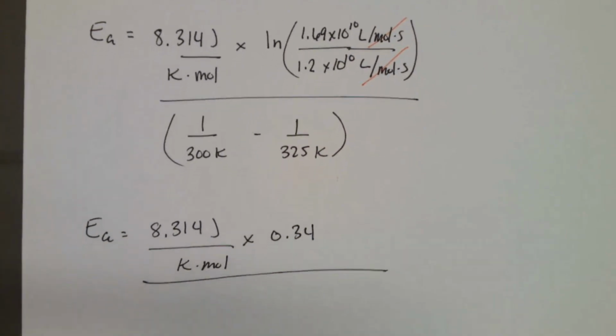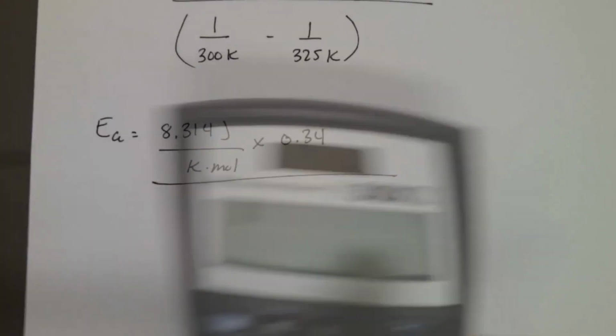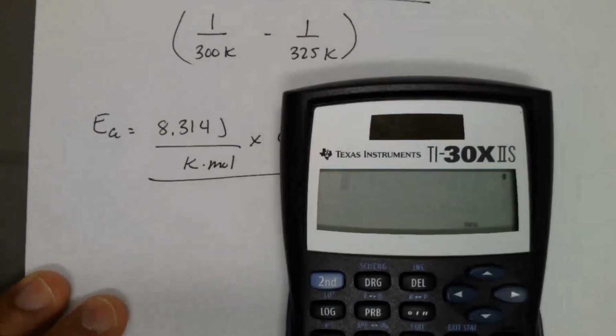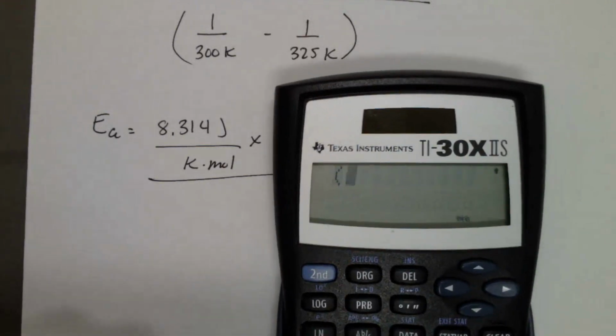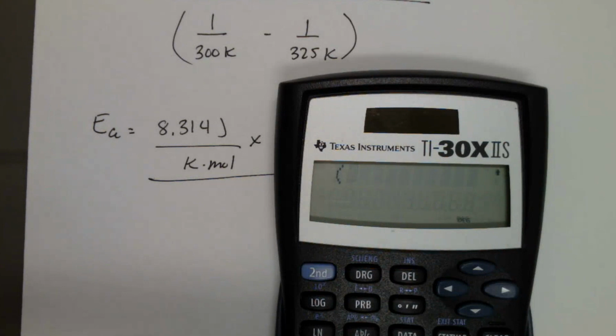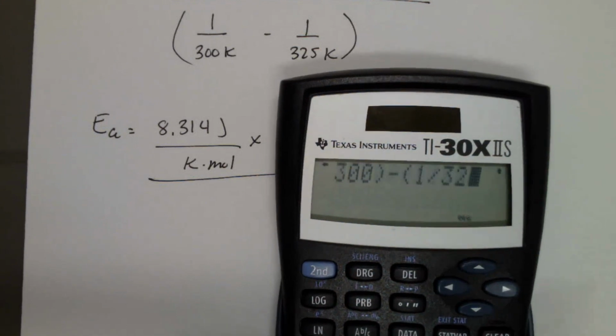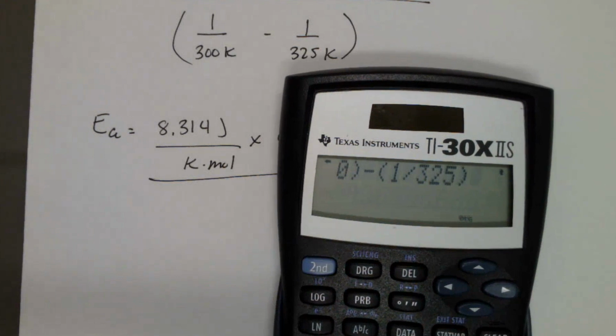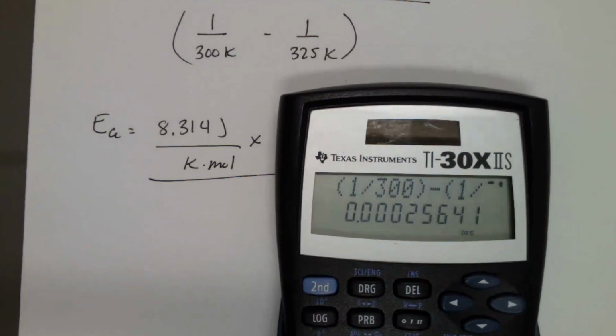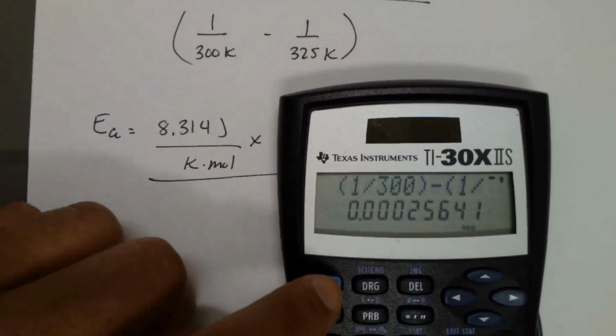And now let's get the temperature. And I'll go ahead and plug it in this way. In parentheses, I'll plug in 1 over 300, close parentheses, minus 1 over 325 Kelvin. And so that's going to get me a value here.